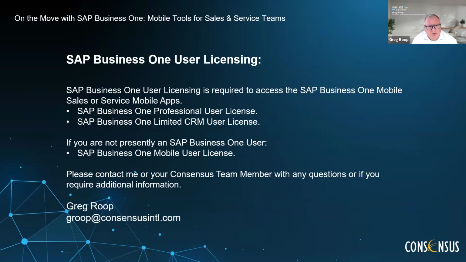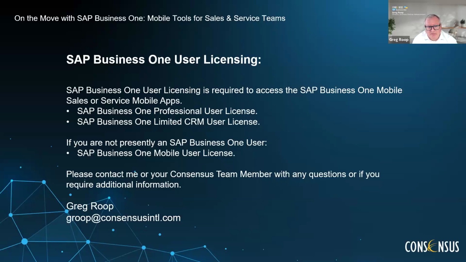Before we do this, we want to make sure everybody understands the licensing. The licensing is a little bit unique with the mobile apps. If you are a professional user or a limited CRM user, you have access through licensing to use the mobile apps. If you're not presently an SAP Business One user, there is a special license that will grant you permissions to the SAP Business One mobile users.